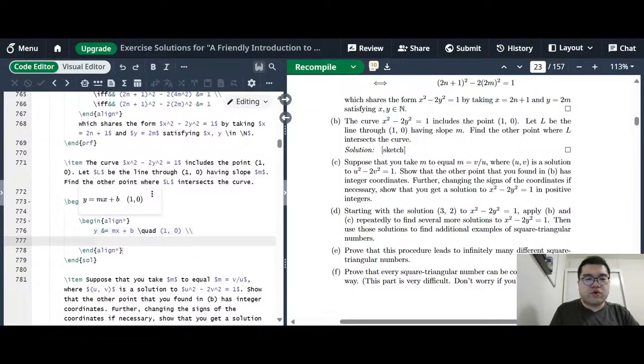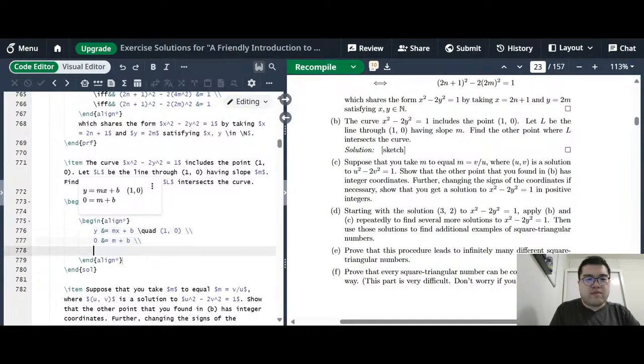We're going to do a quick substitution, with x equals 1 and y equals 0. So we have 0 equals m times 1 plus b. That means that b is equal to negative m.